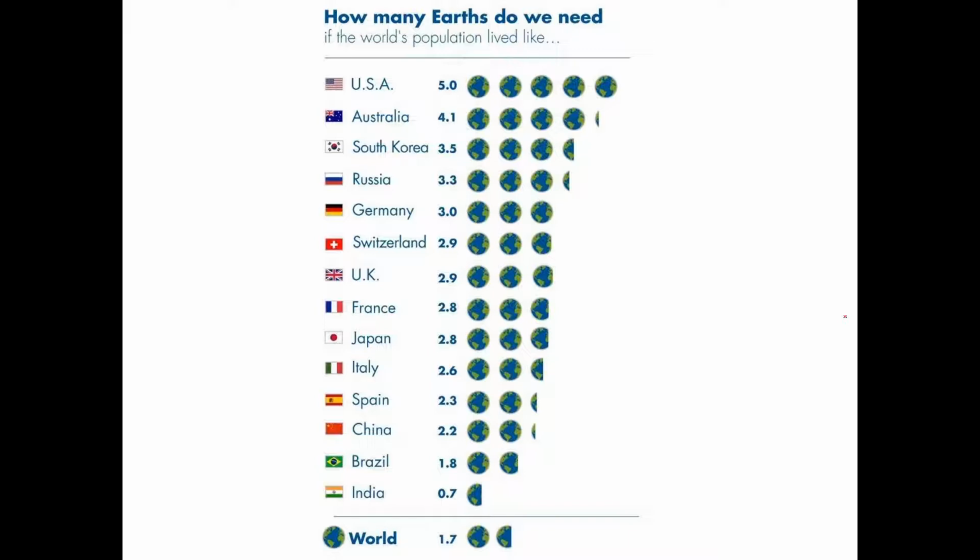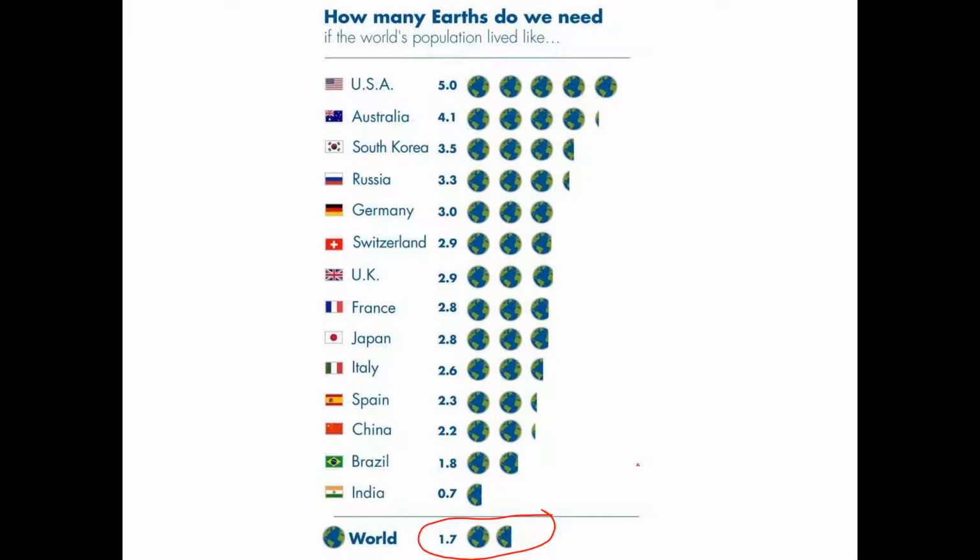You can see a couple other high-ranking countries in terms of usage and footprints are Australia, South Korea, Russia, Germany, and others. If we look at the worldwide average, not just the countries listed here, you'll see that we're currently using 1.7 planets worth of resources. That's not sustainable, right? We only have one planet, so we're using more than we're making.